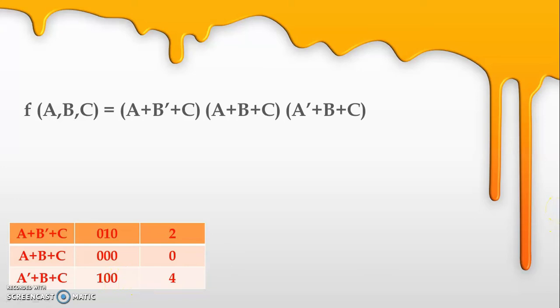So if we now write the max terms for the given Boolean function, we can write M2 + M0 + M4, with capital M for max term.